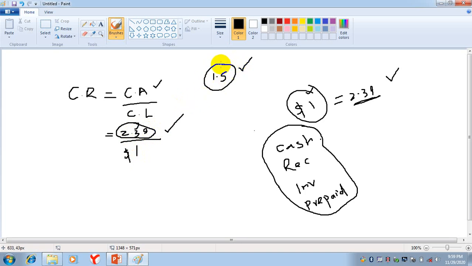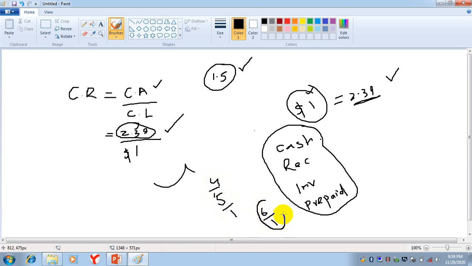If it is below this, it is not good. But keep in mind, if it is too high, it is also not good. Suppose it is 4 to 1, or 5 to 1, or 6 to 1. It is also not good.